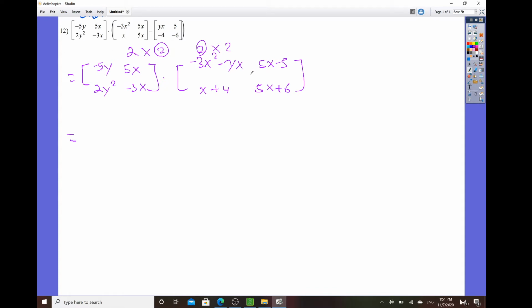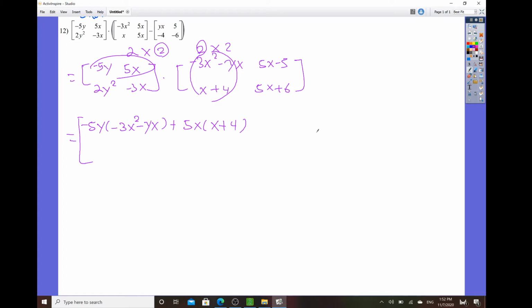The way to multiply is the number of rows times the number of columns. Start with the first entry: negative 5y times negative 3x squared minus yx, plus 5x times x plus 4. We just set it up first with the entry, and then we're going to simplify it later.